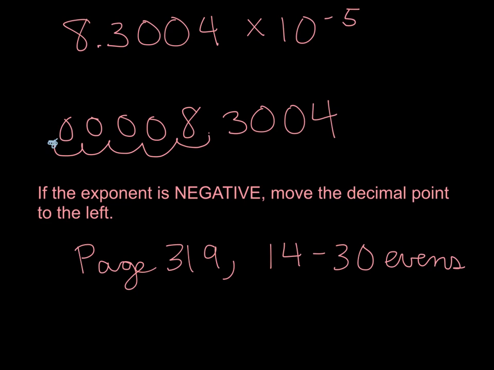I would like you to show all your work. Write down the problem, and then write down your answer. I should see some work there. I should see you moving the decimal place over and things like that. So that's it for today.